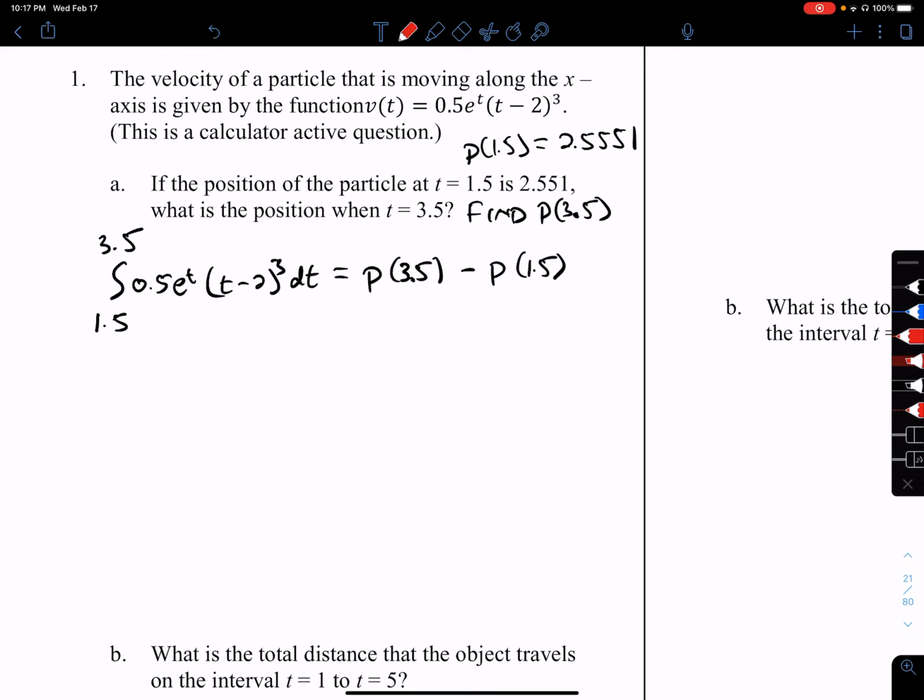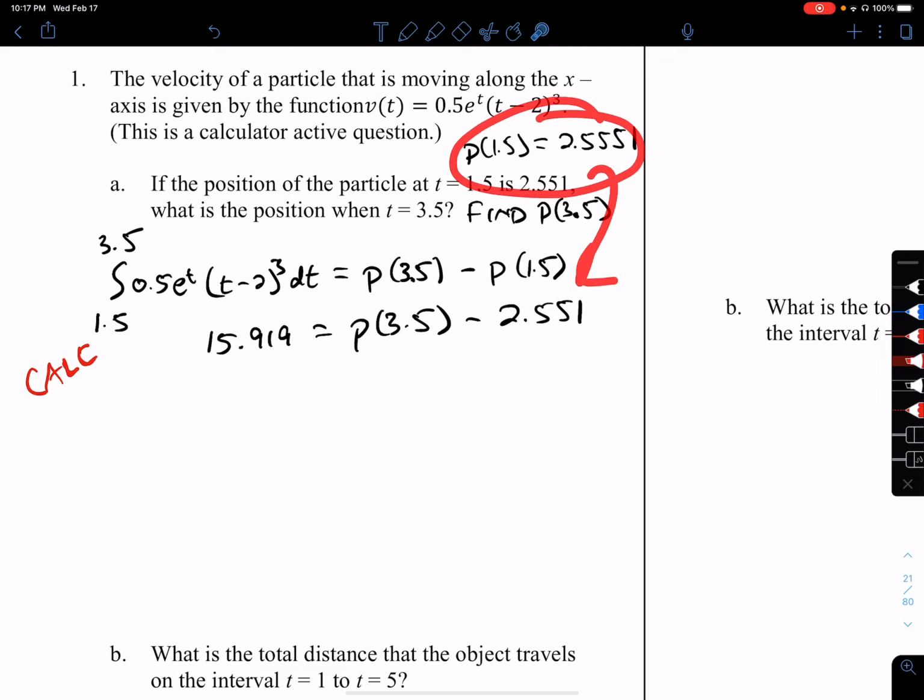Using a calculator, we are going to integrate this, and I encourage you to stop the video and use your calculator. I got 15.919. We don't know what the position is at 3.5. At 1.5, the position is 2.551 because we are told that right here.